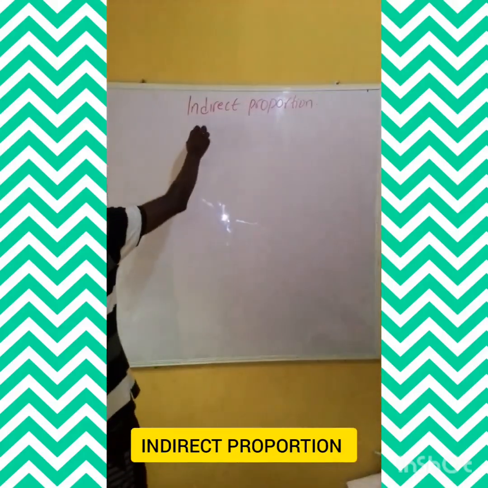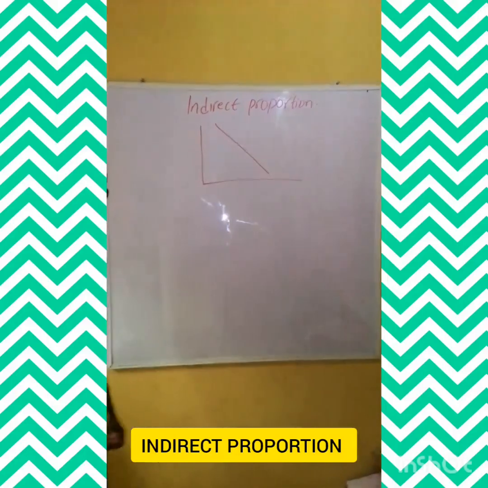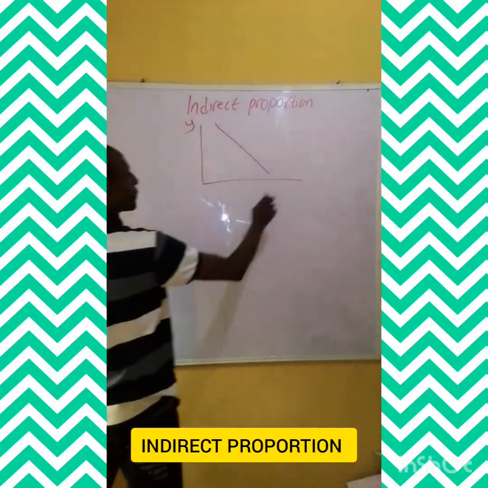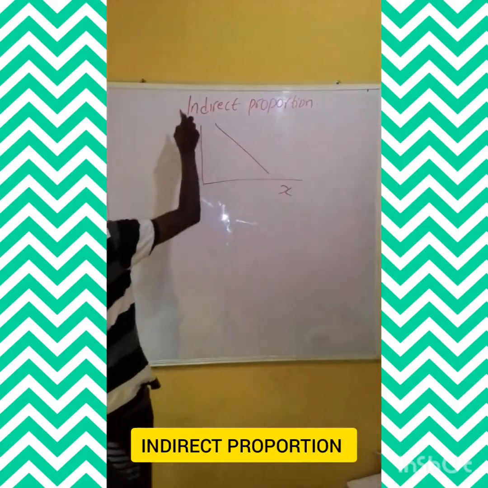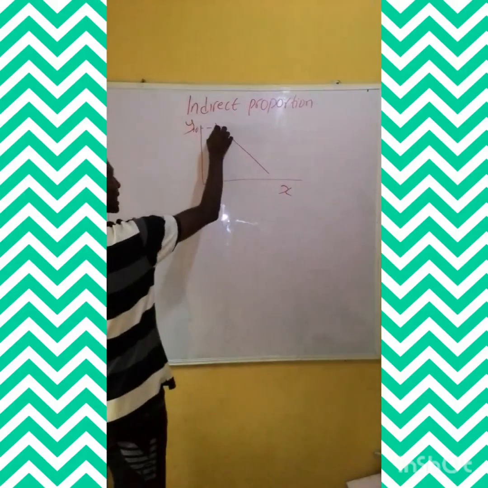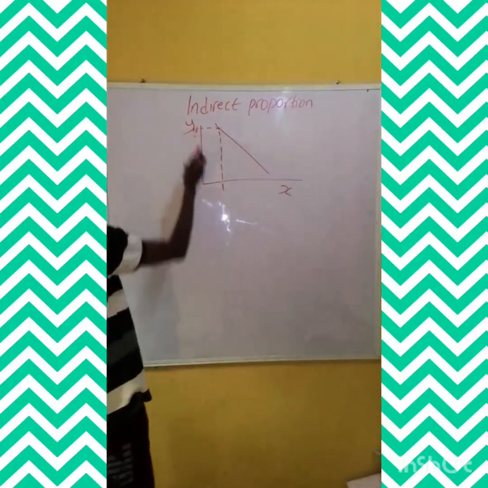Now, the graph for that is a straight line graph, but the other way around. Look at it. If this is one of the variables, this is another variable. This can be something like 10, but tracing it down to this can be 1. So 10 to 1.